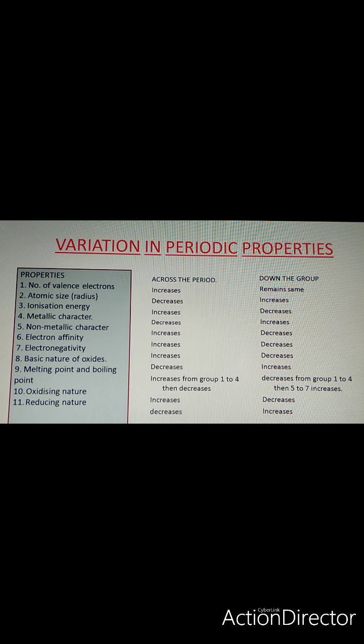Metallic character decreases across the period and increases down the group. Then non-metallic character increases across the period and decreases down the group.